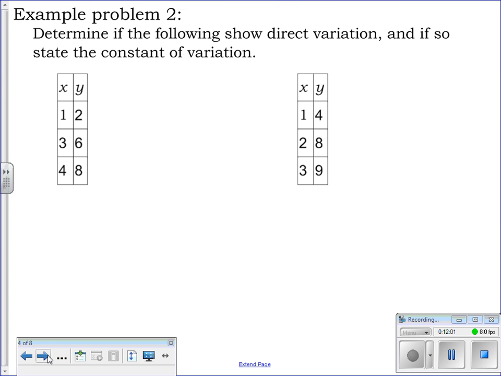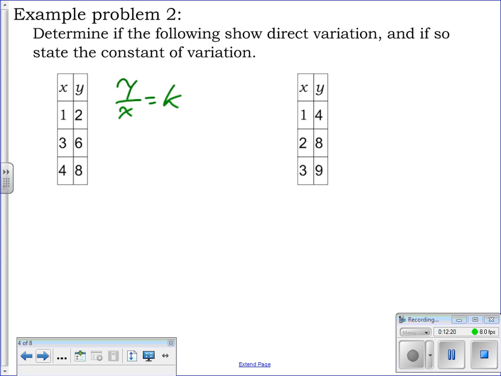Okay. Determine if the following are direct variation, and if so, state the constant of variation. In order for it to be direct variation, y over x must equal the same number.